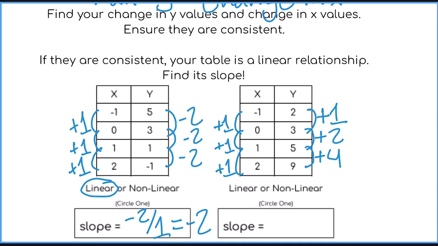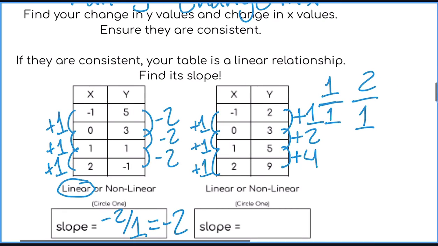So our slope is change in y over change in x. That's our slope for this first set of ordered pairs. Our second set is 2 over 1. And our last change is 4 over 1. Is that consistent? No. They do not equal each other.